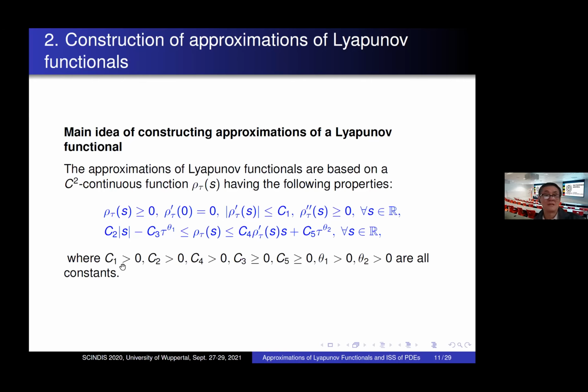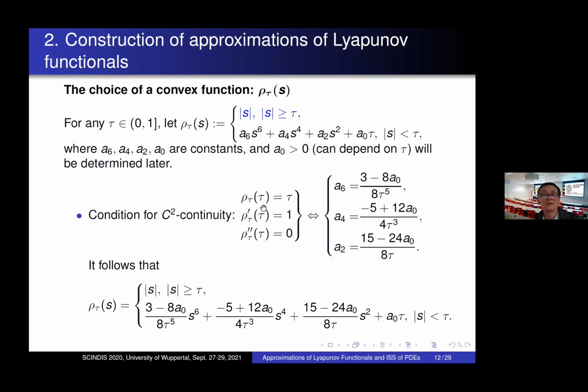Here C1, C2, C3, C4, etc. are all positive constants. Okay, so a simple function we can take is of this form. Actually, in this function the absolute value is just replaced by a polynomial for the points around the origin.